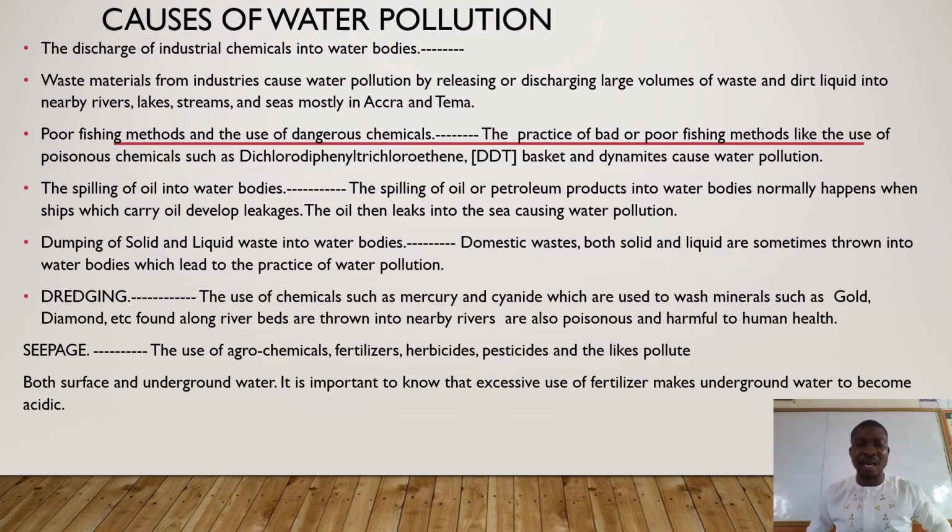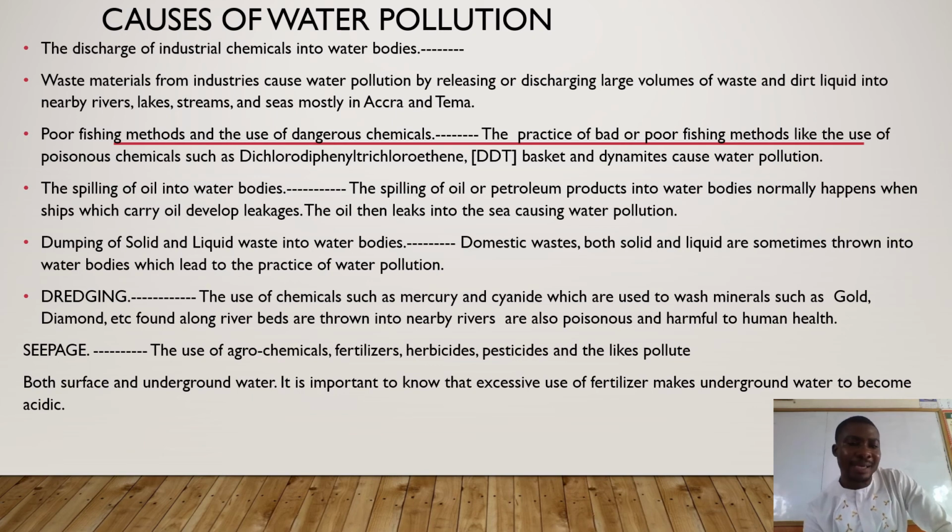It is important to note that excessive use of fertilizer makes underground water acidic, because the chemicals contain acid.